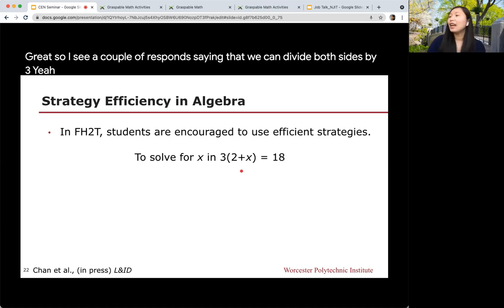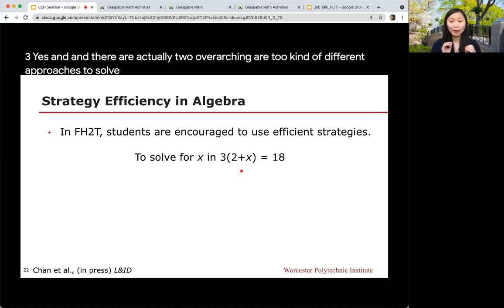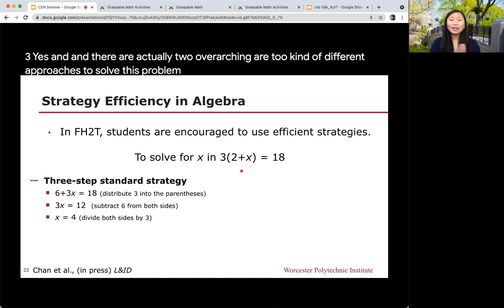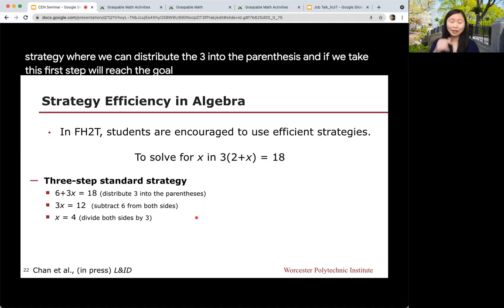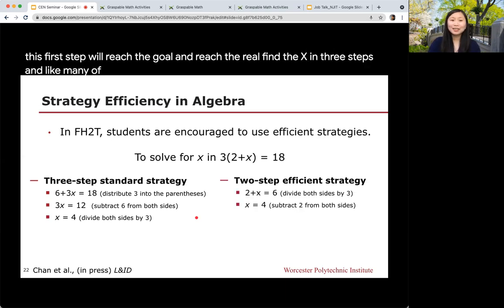And yes, there are actually two overarching, or two different, approaches to solve this problem. One is using the standard distribution strategy, where we can distribute the 3 into the parentheses. And if we take this first step, we'll reach the goal, we'll find the x, in 3 steps. And like many of you mentioned, we can divide both sides by 3.